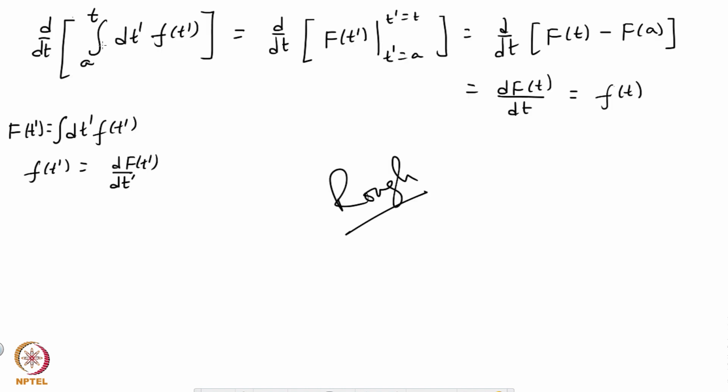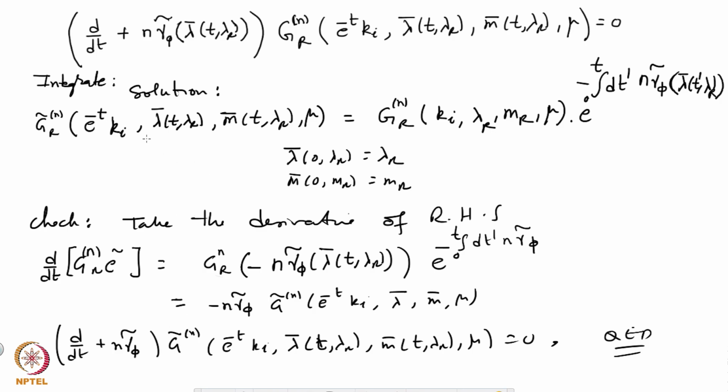Okay, so the solution to Callan Symanzik equation is, what we have found is g tilde, yeah, so let me do one more step. Here, this is a solution.